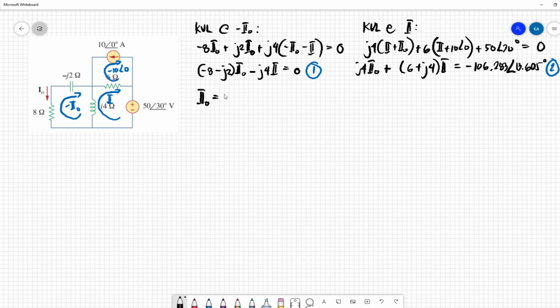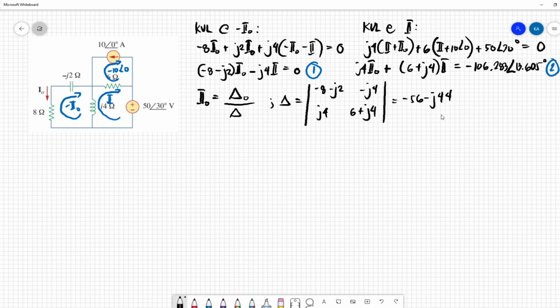So IO is equivalent to delta O over delta. Same with the last example, we'll use the matrix or determinant. So our delta is just equivalent to negative 56 minus J44.